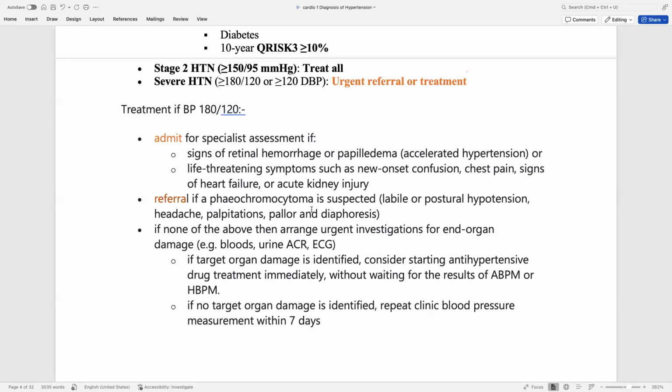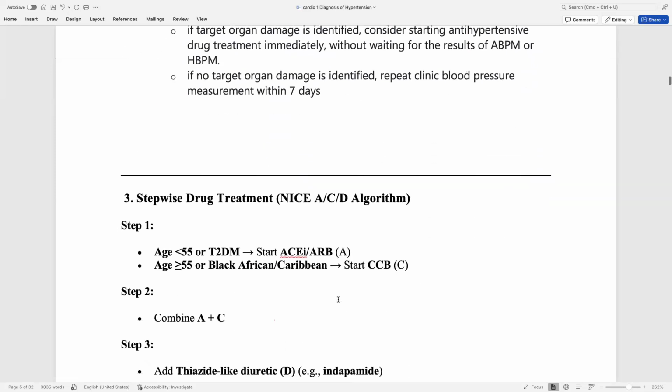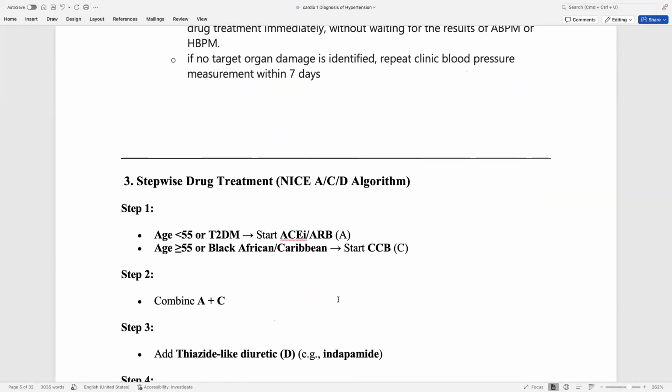When we say unstable, it means confusion, chest pain, heart failure, kidney failure. Refer if there is target organ damage. Right. We start the treatment if treatment is indicated.